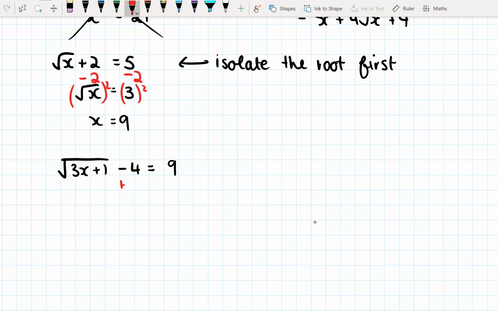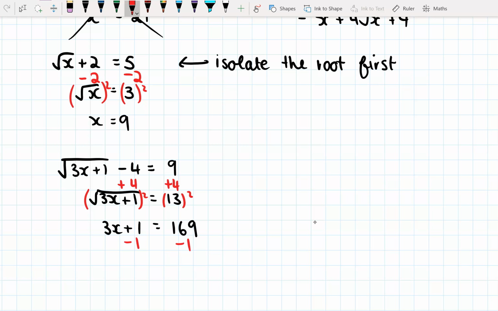So we're going to firstly plus 4 on both sides. Then we get the square root of 3x plus 1 is equal to 9 plus 4, which is 13. Now we square both sides. We will get 3x plus 1 is equal to 169.